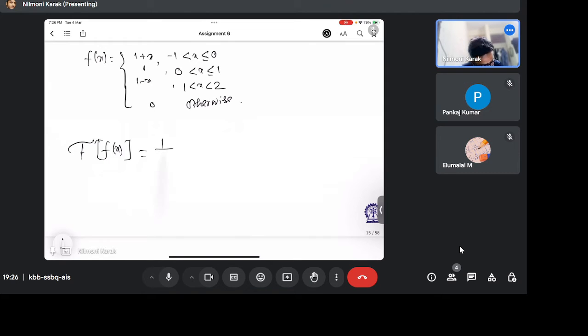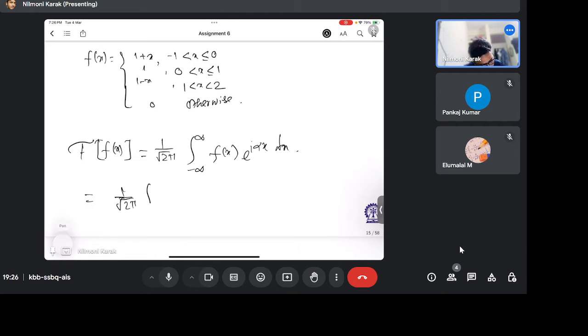This is the formula: F(alpha) is 1 by root 2 pi, integral from minus infinity to infinity of f(x) e to the power i alpha x dx. Otherwise the function is zero, so the limit should be minus 1 to 2.